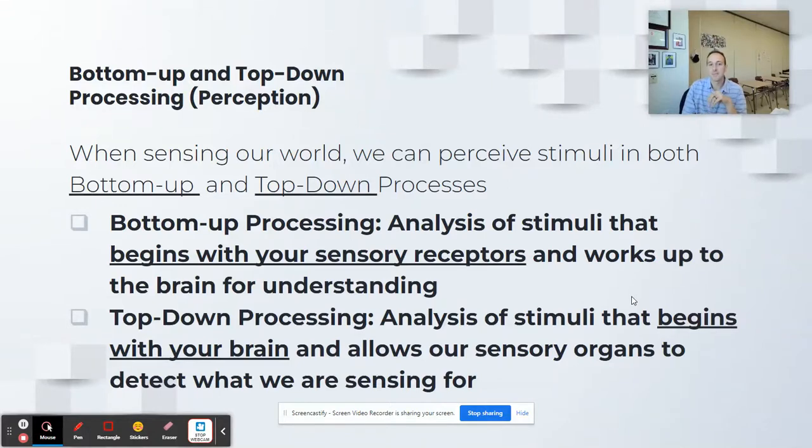So when I say bottom up processing, what I mean by that is when it comes to sensing the world around me, sometimes I don't know what I'm sensing for, right? Like if I was blindfolded and someone said, just reach out and touch this, I don't know what I'm expecting to feel, right? So I'm doing kind of this haptic perception where I'm touching things, trying to figure out what's going on with my sensation. Maybe I can smell it, maybe I can kind of crunch it and I can hear the texture.